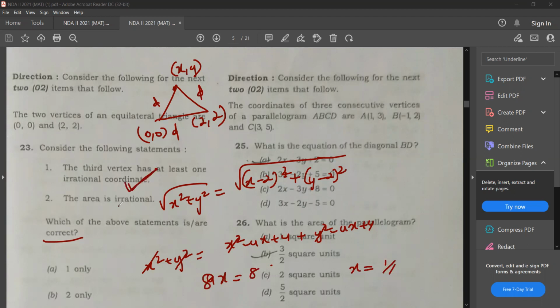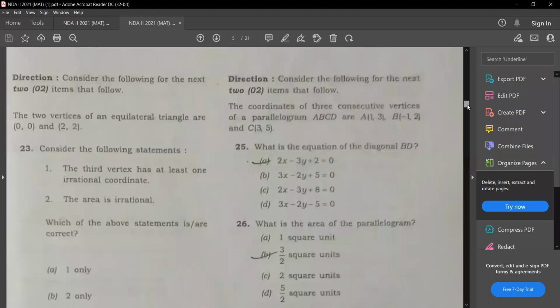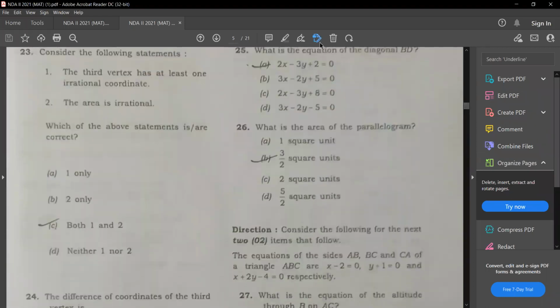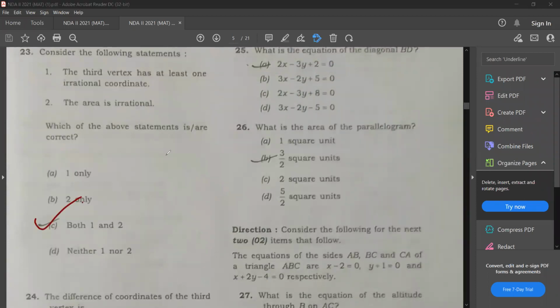Then if you find out the area, it is root 3 by 4 a square. That is the area of the equilateral triangle. That also you will get as an irrational value. So the correct answer is both statements are correct. So that is both 1 and 2.